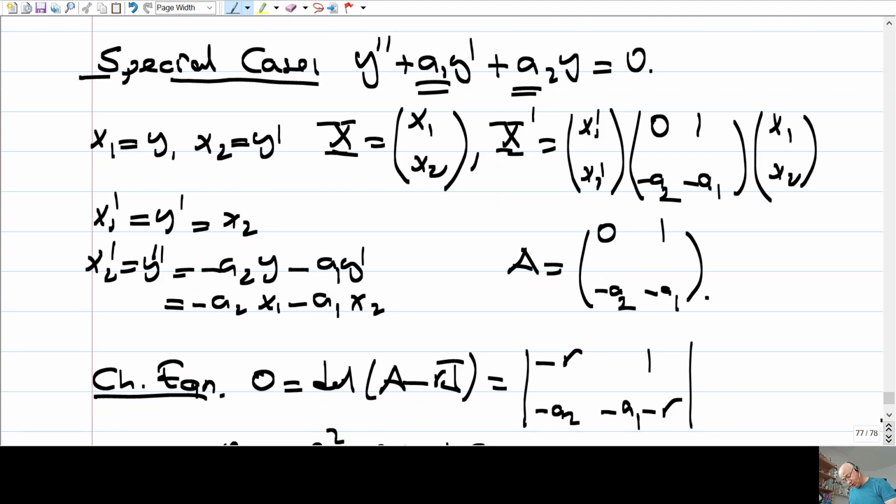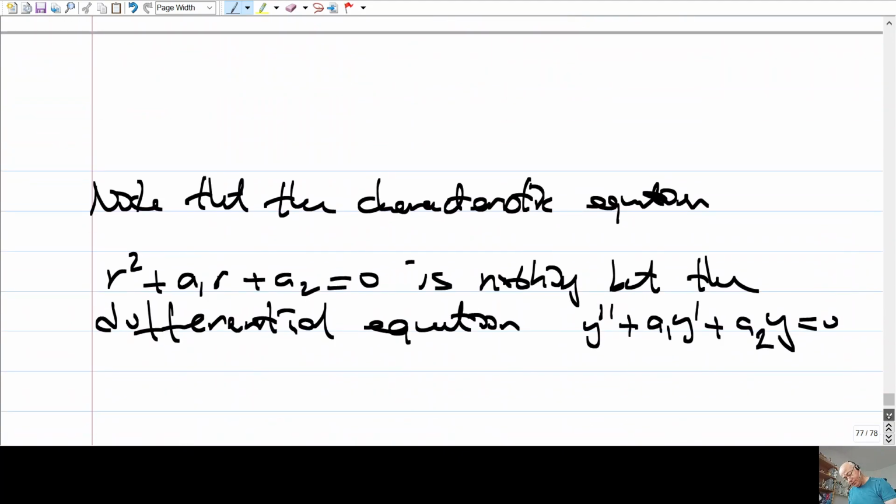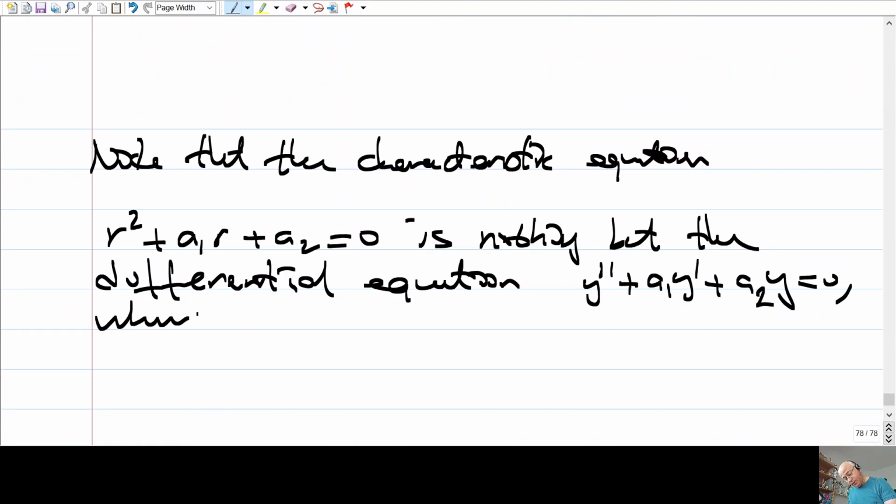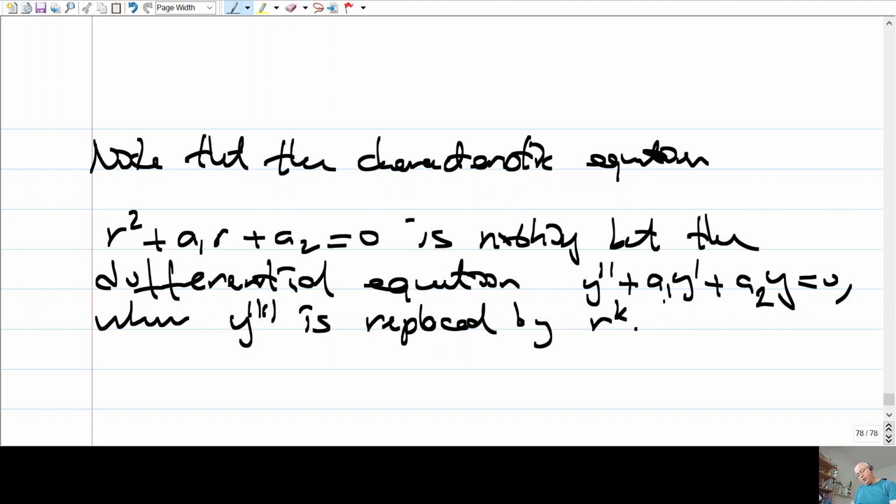This was my equation, right? Where derivatives of y, where kth derivative of y is replaced by r to the power k, right? So second derivative of y is replaced with r squared. First derivative of y is replaced by first power of r. Zeroth derivative of y is replaced by r to the power 0.